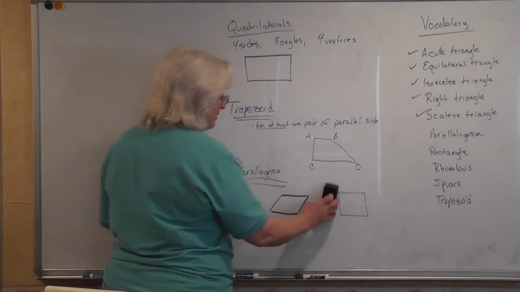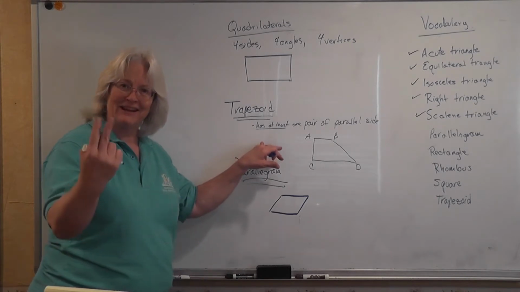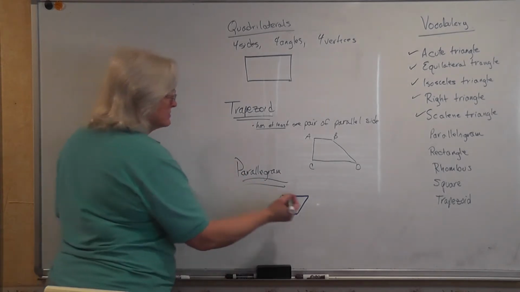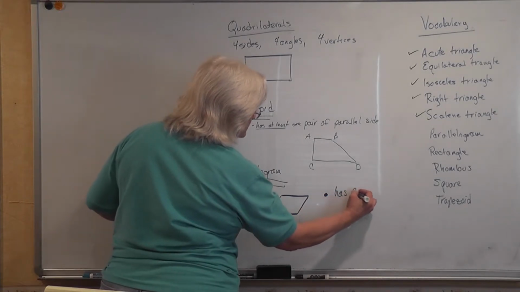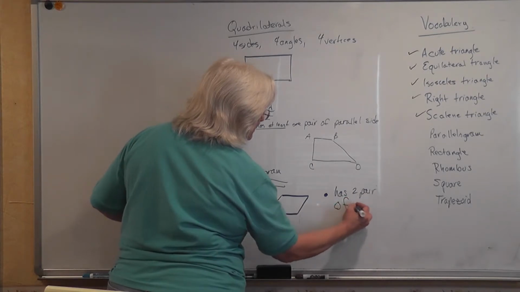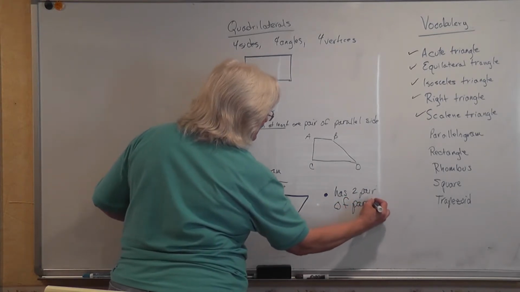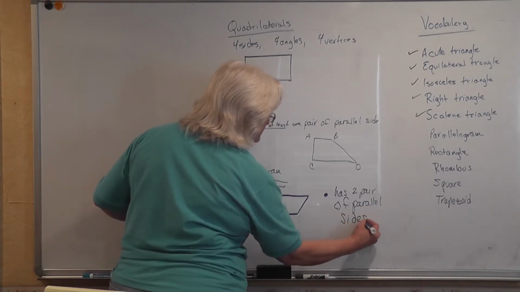A parallelogram is a trapezoid that has two pairs of parallel sides. So a parallelogram has two pair of parallel sides.